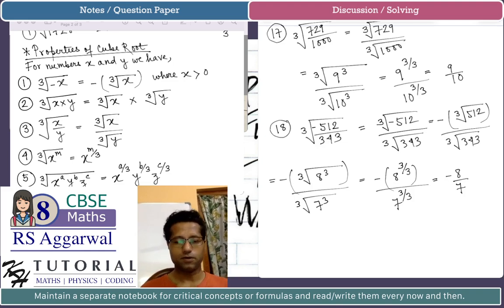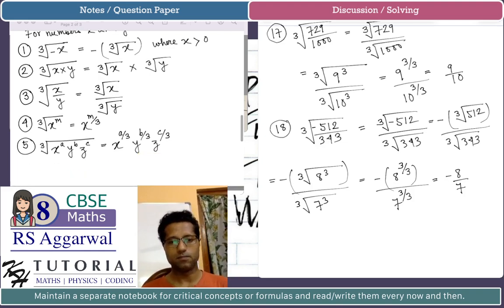Similarly, for a rational number, the cube root of x by y will be equal to the cube root of the numerator divided by the cube root of the denominator. And some extra properties. Property 4 is that the cube root of an exponential term will be equal to that same exponential term, but the power will get divided by 3.